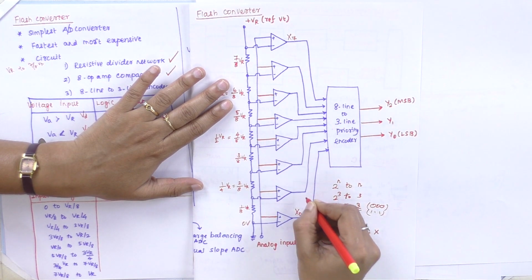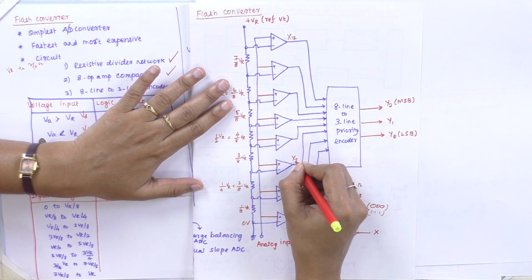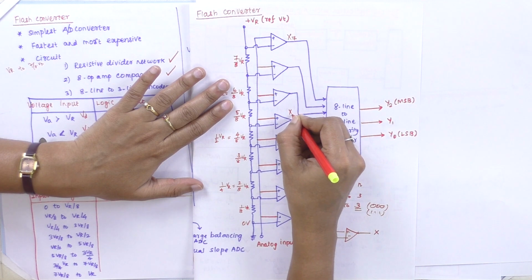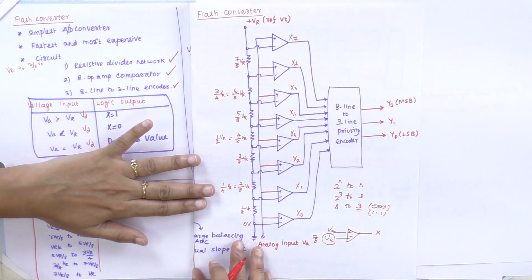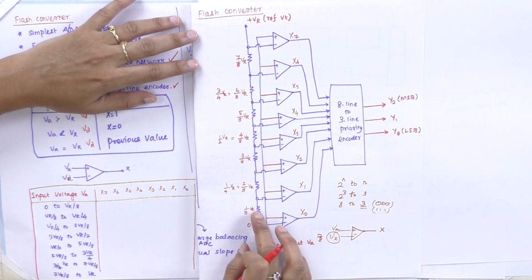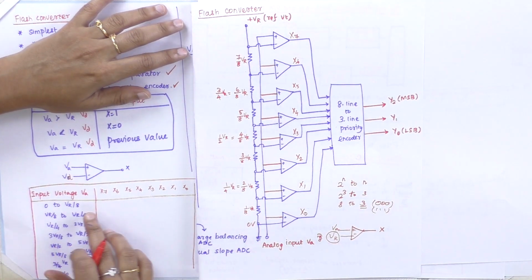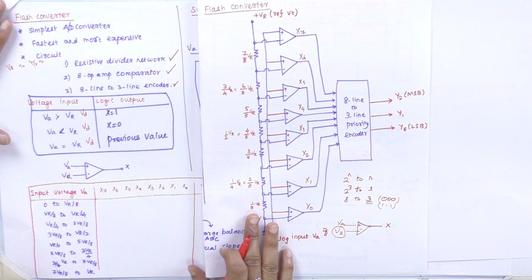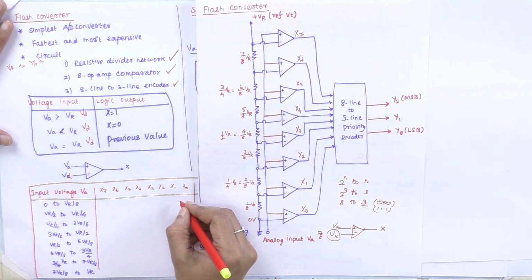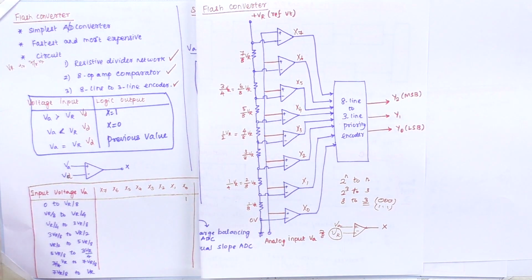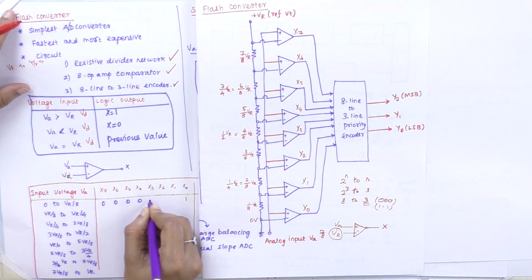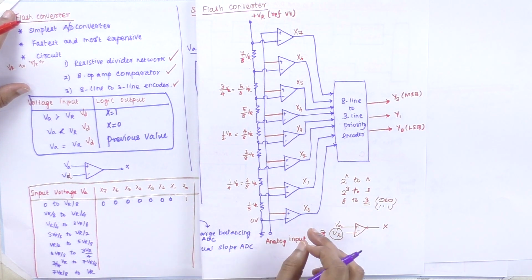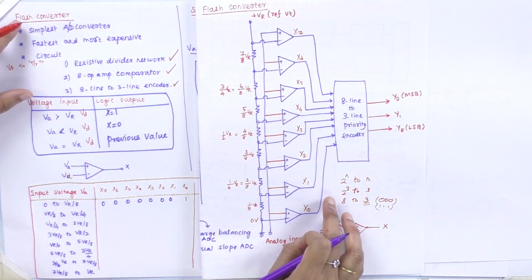You can mark it like x0, x1, x2, x3, x4, x6 and x7. So in this condition, my 0 volt and 1 by 8 VR, in that condition I can make my output voltage as 1 and the rest other voltages as zeros, because I am comparing only with the least bit of this comparator, x naught.